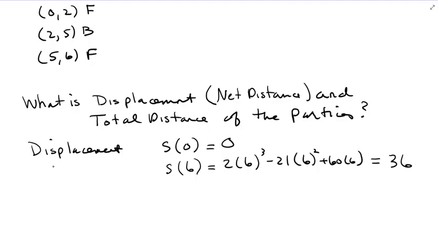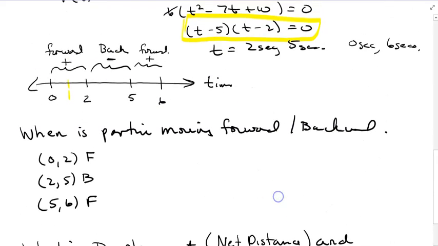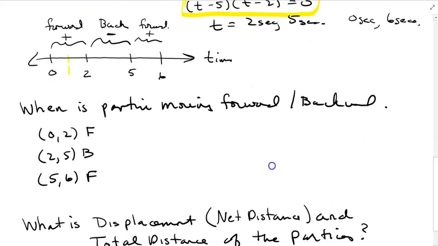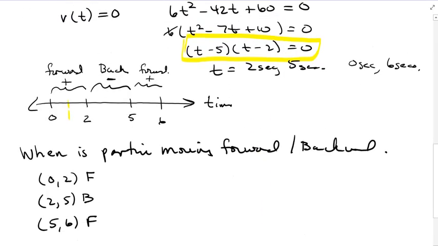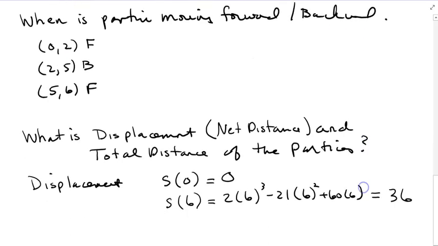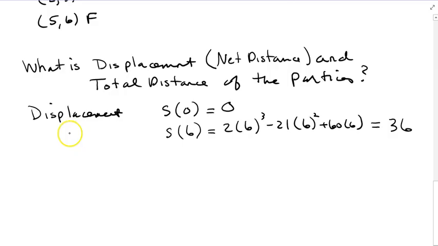and I didn't give a measurement for this, so let's suppose our particle is just moving, let's suppose S sub t is in centimeters. Doesn't matter. So then it would be 36 centimeters over those 6 seconds.